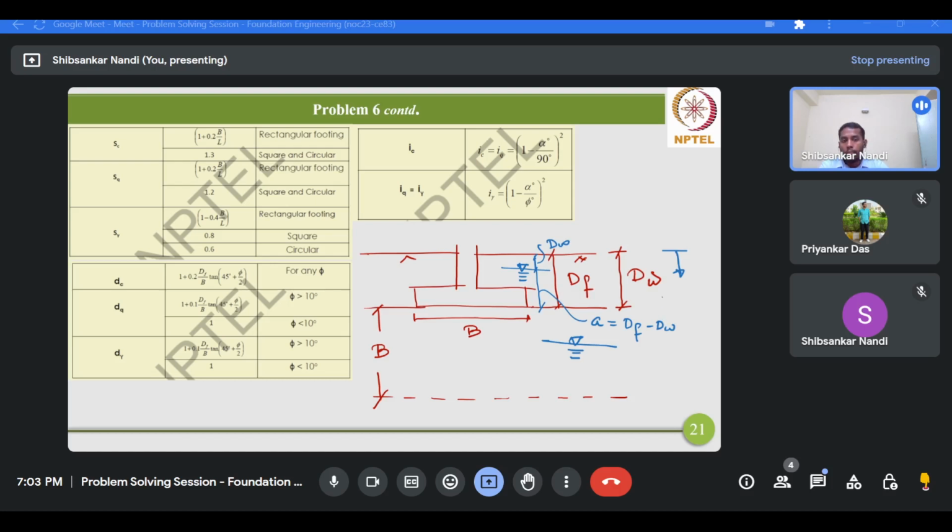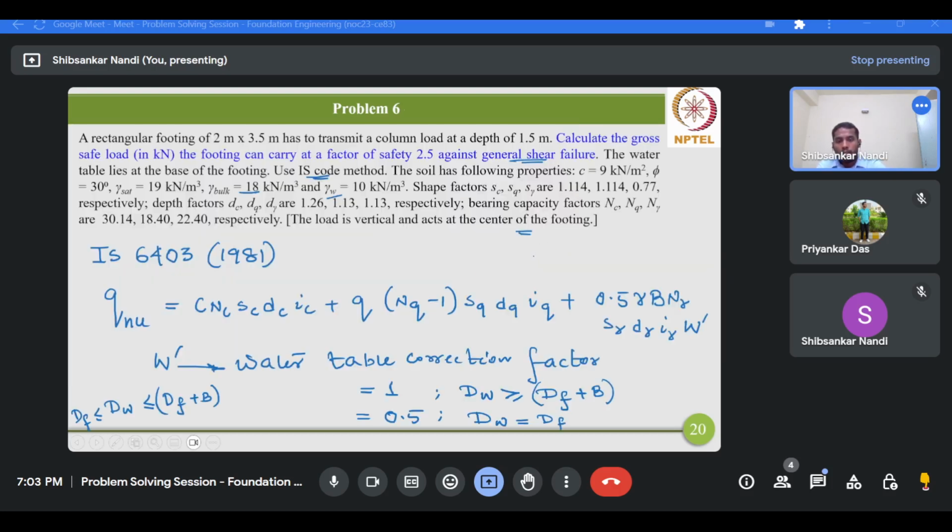In this way, the second term you have to modify. So q is nothing but the effective overburden at the foundation level.